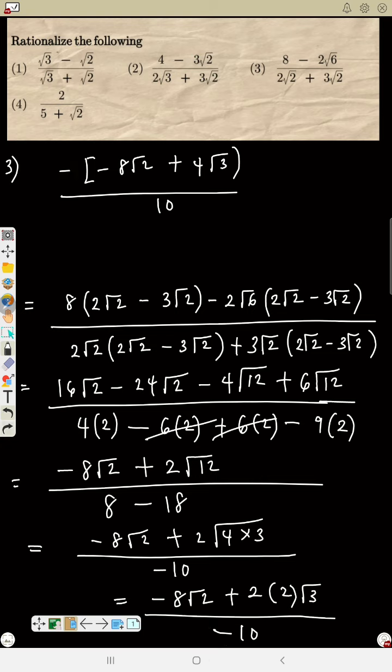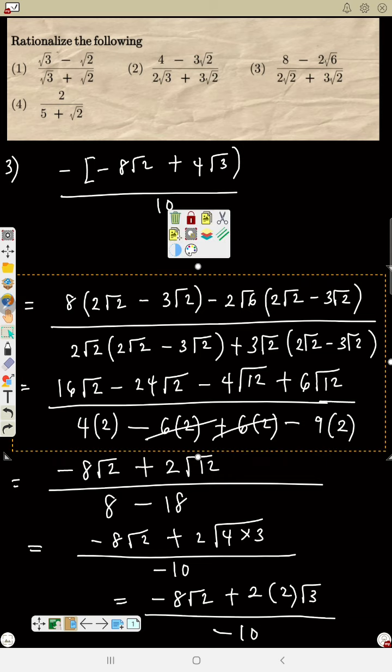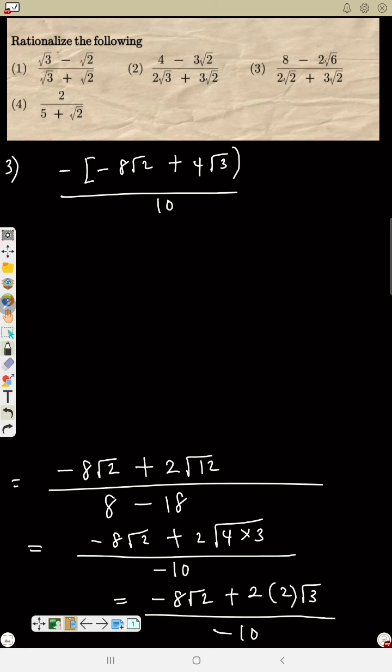So now this minus can open the brackets. That is minus times minus plus, that is 8 root 2 minus 4 root 3, because minus times minus is plus, then minus times plus is minus, divided by 10.